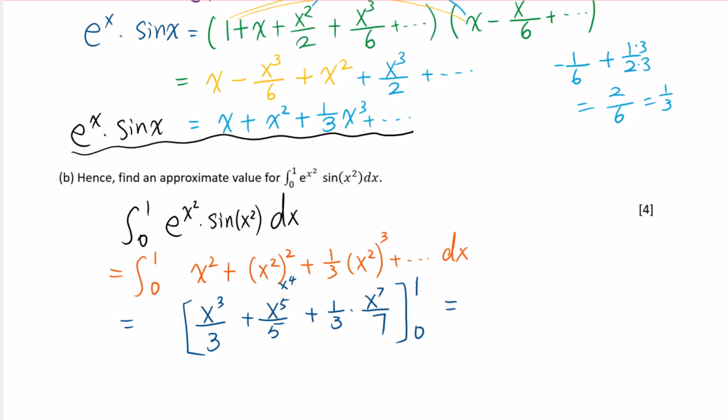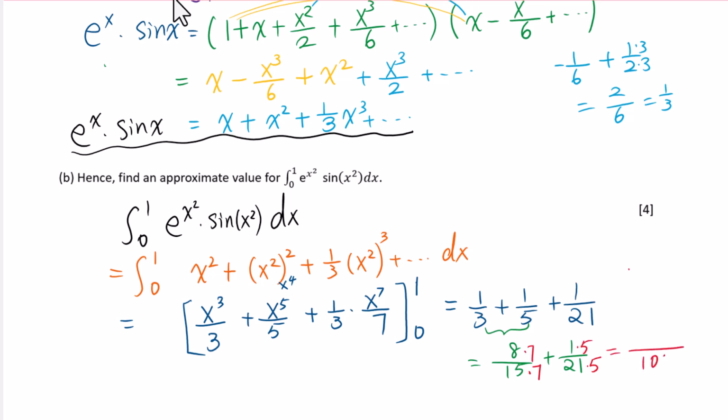Substitute 1 for x: 1 over 3 plus 1 over 5 plus 1 over 21. Let's work this out. Equals 8 over 15 plus 1 over 21. 5 times 7, we got 105 as a denominator. Numerator, 56 plus 5 is 61.